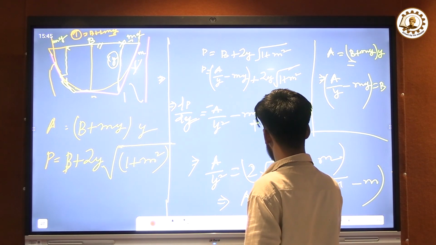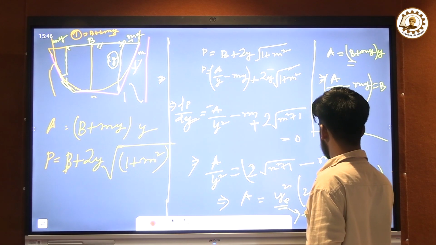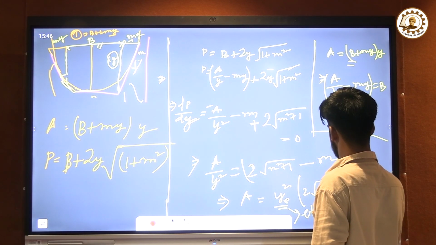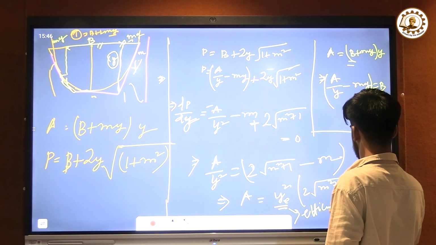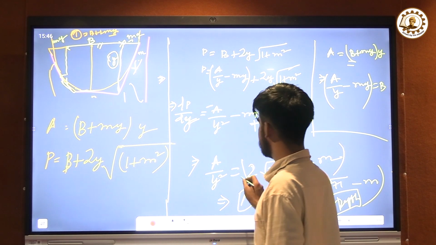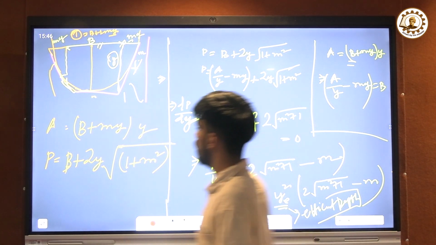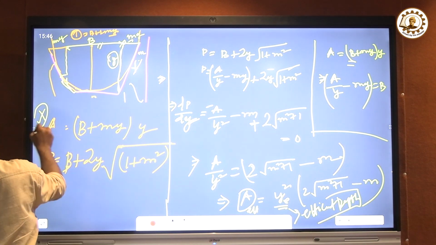so this Ye becomes the efficient depth for the efficient section, and this becomes the efficient area. Now our area is done.